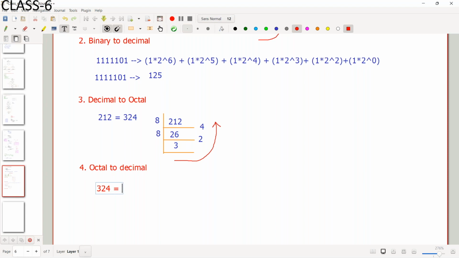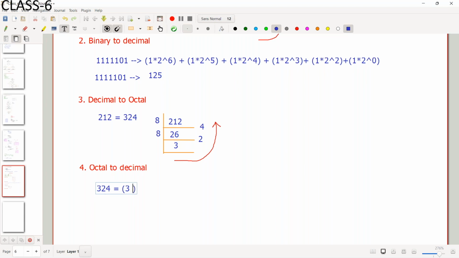So we have to consider octal digit 0, octal digit 1, octal digit 2. So we have to consider the same for the calculation. So 8 power 0, 8 power 1, 8 power 2, like that you have to do. Only 3 digits are here.